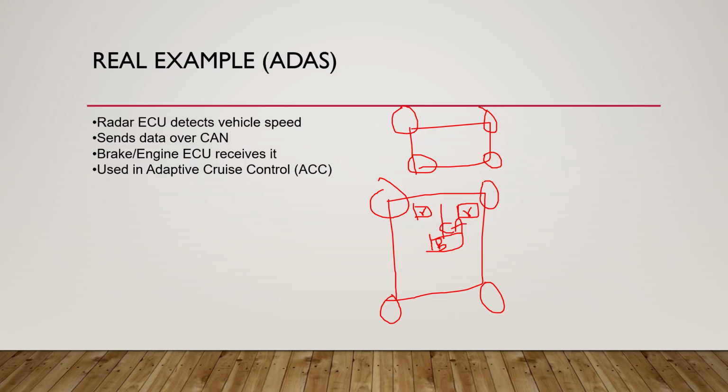I took this example from ADAS. After receiving the information from the radar sensors through CAN, the braking ECU applies brakes and controls the speed if needed. This concept is used in adaptive cruise control: taking data from the sensors, communicating over CAN to another ECU, and reacting with the control logic. This is how it works.